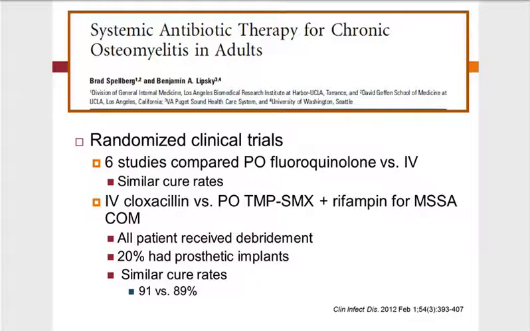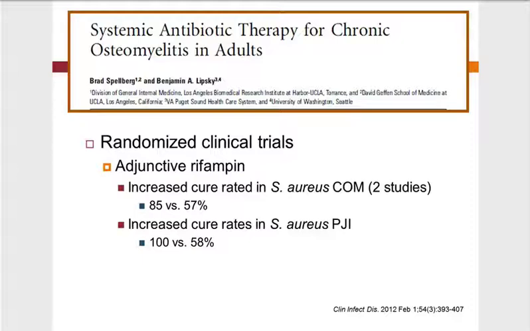If you look at those cure rates of almost 90% for Bactrim plus Rif, it's actually pretty consistent whenever you're adding rifampin to your regimen. Looking specifically at adding rifampin for Staph aureus chronic osteo or prosthetic joint infections, you have significantly higher rates of cure if you add rifampin.